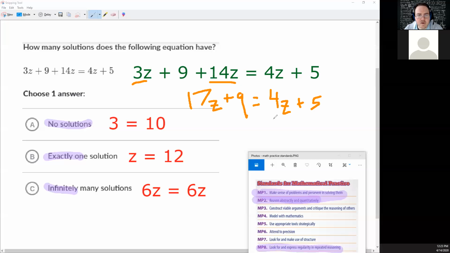If I were to take away 4z from both sides, and for the record, as soon as we hit this point, I'm pretty sure I already know what the answer is, but just in case, we're going to keep working. We can take away 4z from both sides, and let's also take away 9 from both sides, so we'll have all the constants on one side and all the variables on the other.